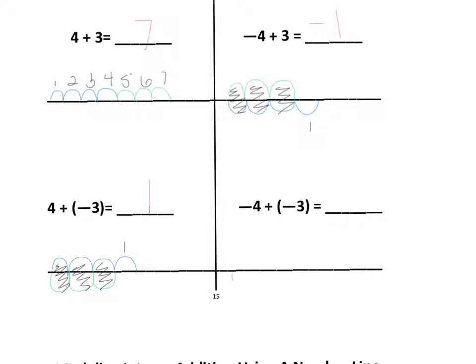We start with negative 4, 1, 2, 3, 4 holes dug in the ground. And then we come around and we dig 3 more because of that plus negative 3. 1, 2, 3. We count that we have 1, 2, 3, 4, 5, 6, 7 holes dug in the ground. Well, since they're dug in the ground, they're below the ground. That means the answer is negative 7.